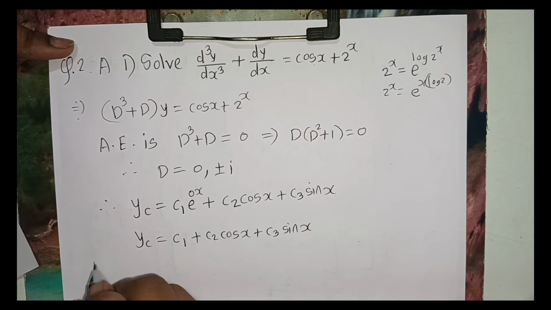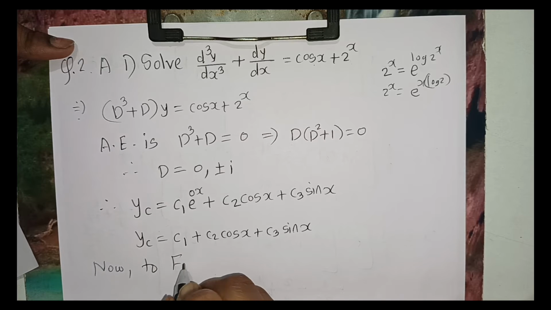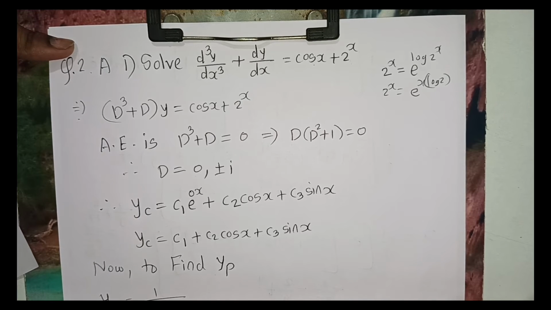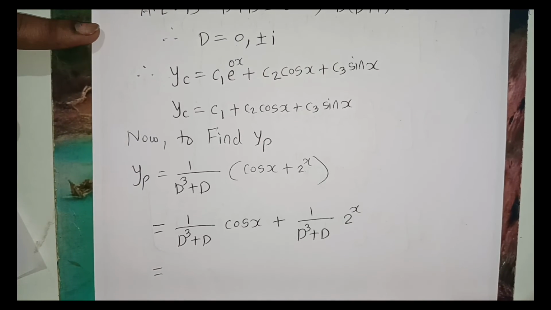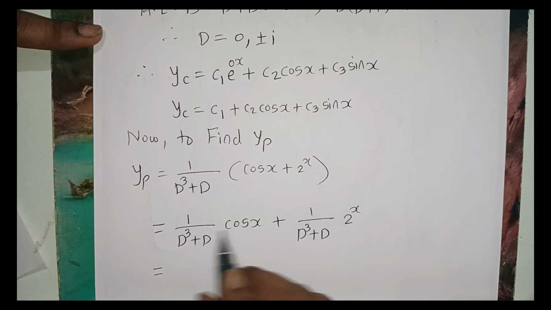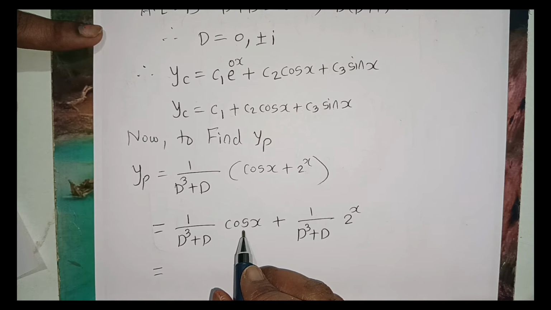Now to find yp, separate the inverse differential operator 1 upon D cube plus D on both of the functions cos x and 2 raised to x. So it is equal to 1 upon D cube plus D operating on cos x plus 1 upon D cube plus D operating on 2 raised to x. For the first part you have to apply the case of cos of ax plus b.